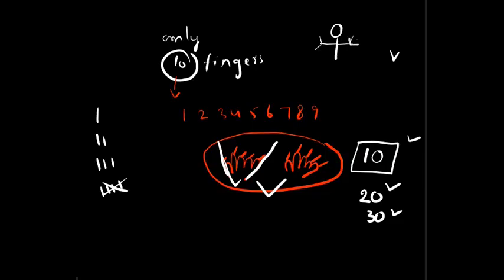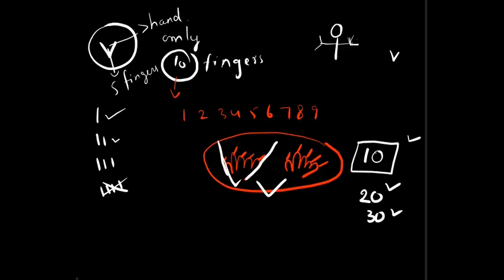To indicate a hand, they used the V shape. This means hand. Hand means five fingers, right? So one stroke for one, two strokes for two, three strokes for three, and V for five.